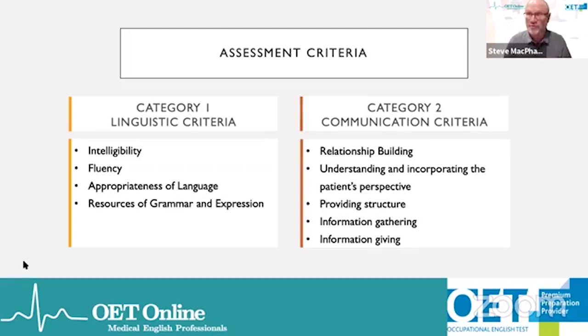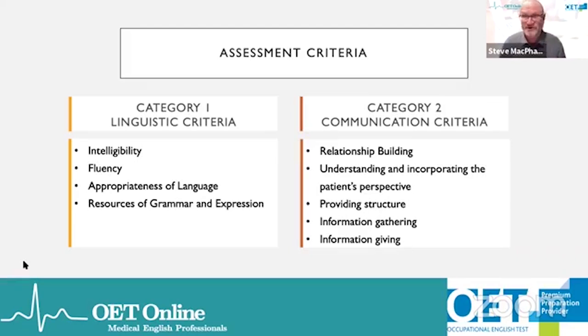You can build rapport, you can be friendly, you don't have to be overly formal when you're speaking, because you are building that relationship. But you do need to be aware that too much technical jargon may confuse the patient, so you need to be able to use language the patient understands.